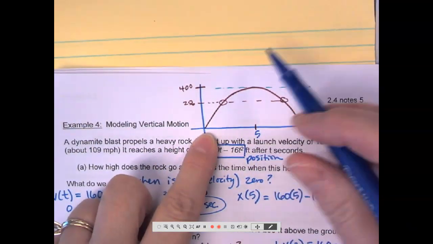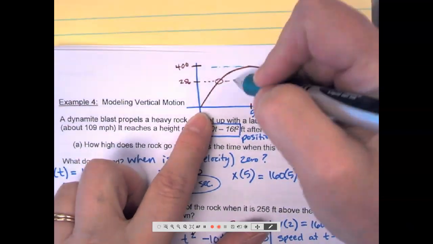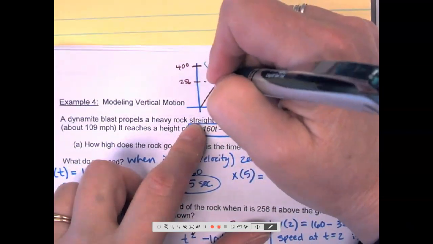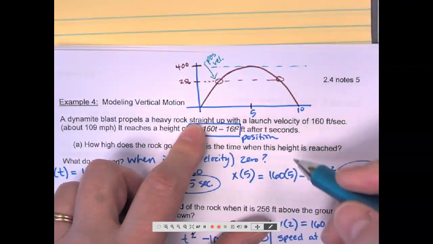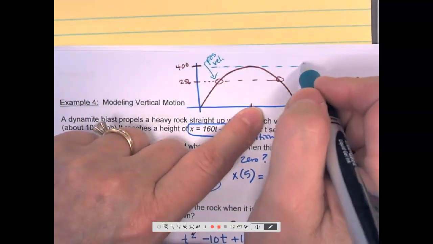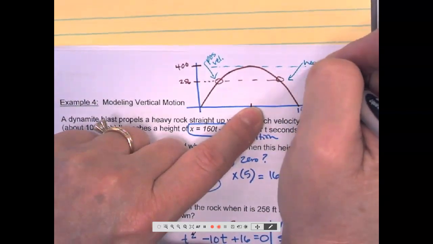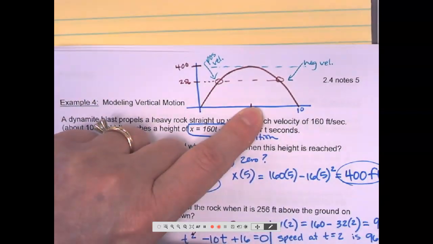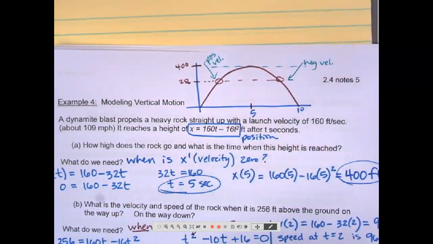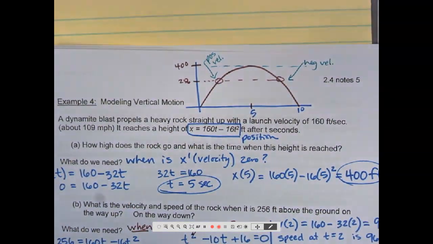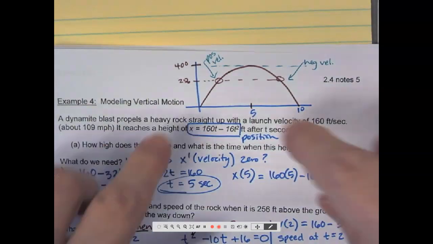Velocity is positive here. Over here I have negative velocity because it is going in a negative direction. But the whole time gravity is pulling it down, right?